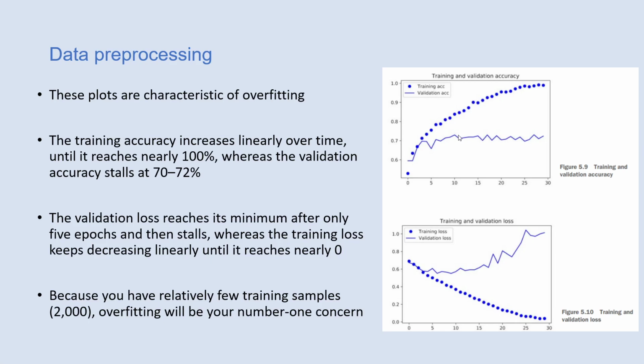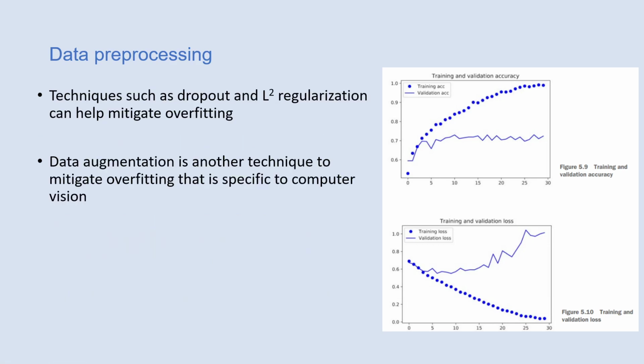Ideally, you don't want this gap to be so high. It's better to have the validation as close as possible to the training, because it means that it's generalizing well. There are some strategies to avoid overfitting. One of them is to use dropout, which I think they may also call bagging.